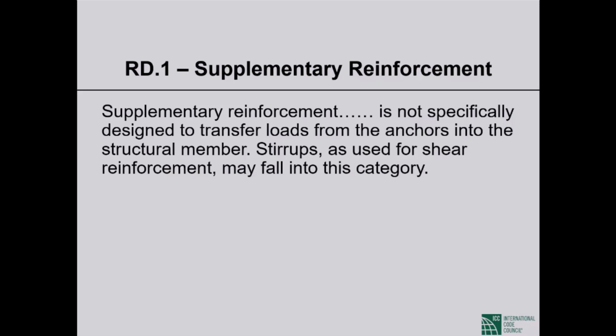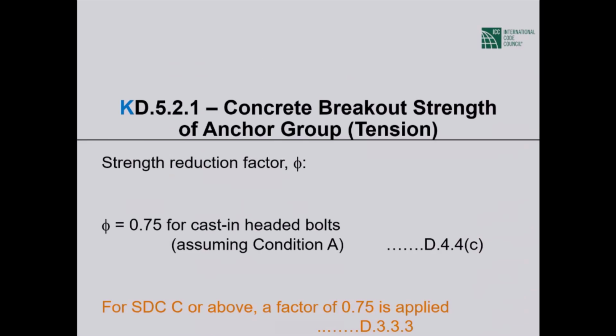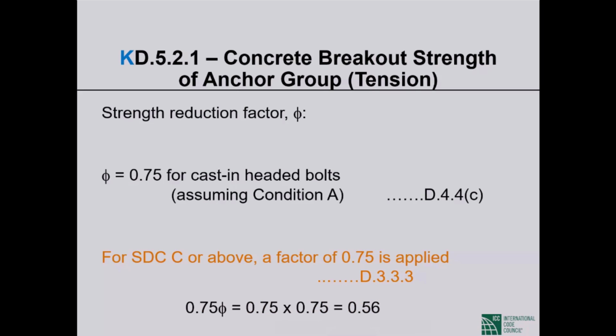Supplementary reinforcement is not specifically designed to transfer loads from the anchors into the structural member. Stirrups, as used for shear reinforcement, may act as supplementary reinforcement. In our case, we have taken a phi of 0.75, assuming that we have condition A, meaning we have supplementary reinforcement.